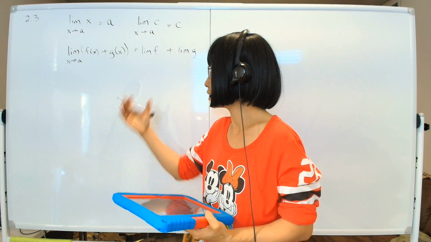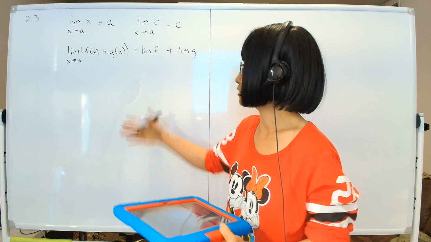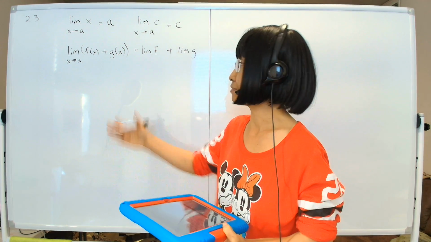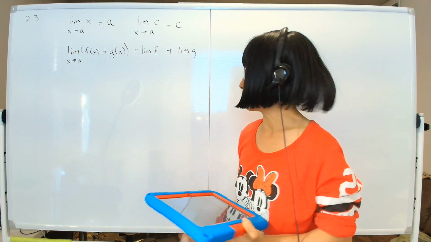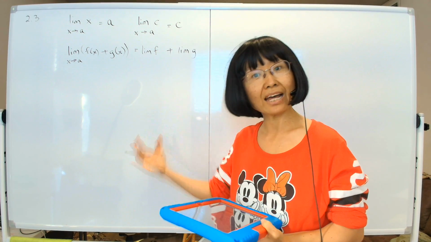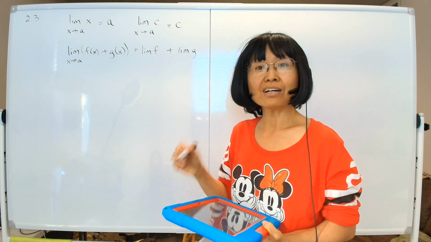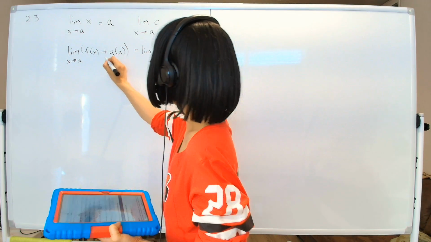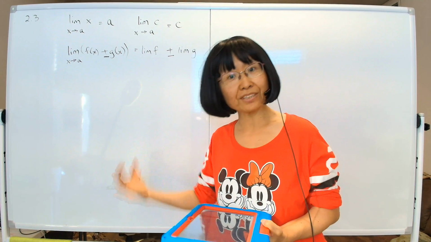Obviously, the limit of f has to exist. If it doesn't even exist, this whole thing is nonsense. The limit of g has to exist. They have to have the same domain or something. Anyway, it's just stuff like that. And they're not infinity, because you cannot add infinity, because infinity is not a number. But with all conditions being normal, then you can do addition or subtraction, or multiplication or division.